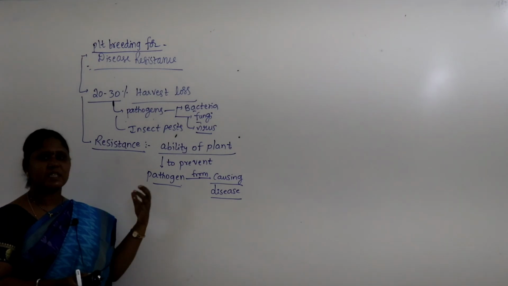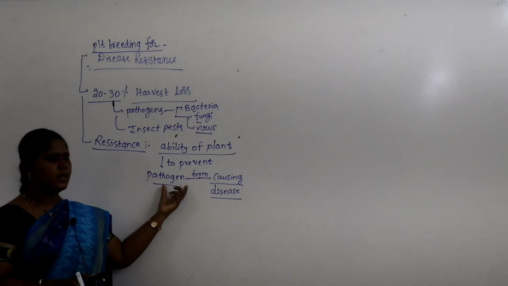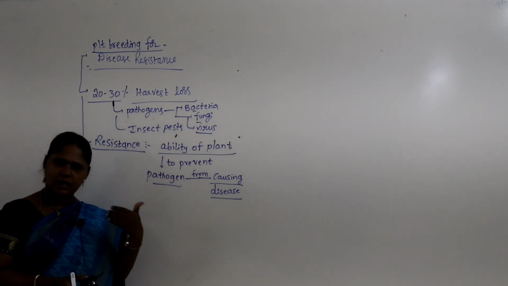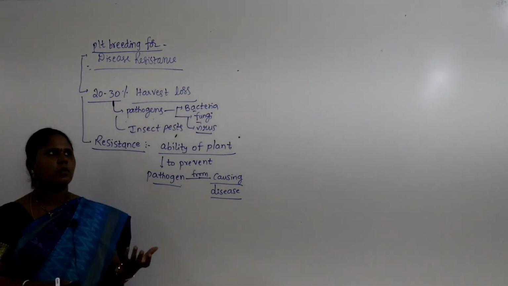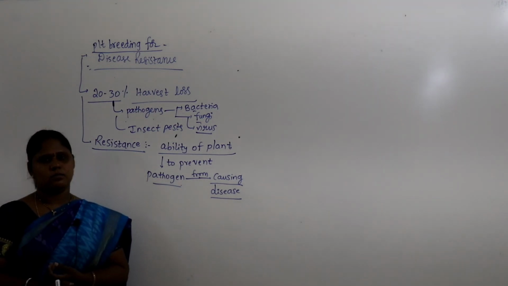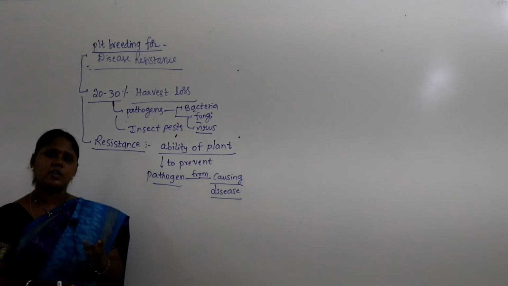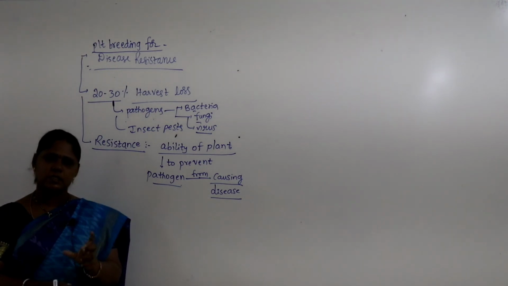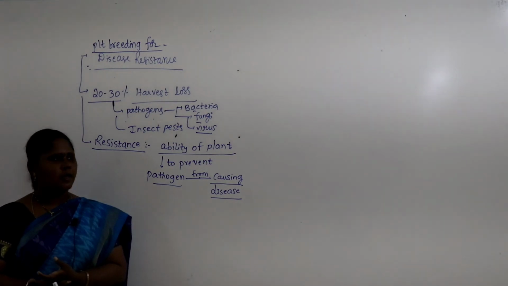That is nothing but a self-defense mechanism for the plant. In coming classes we are going to discuss very good examples, like Meloidogyne incognita, a type of nematode. Most commonly it causes infection to tobacco, but we prevented that genetically.